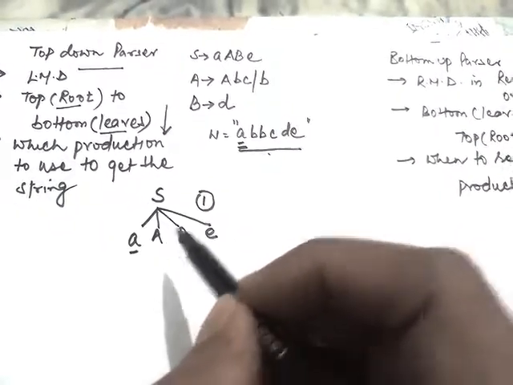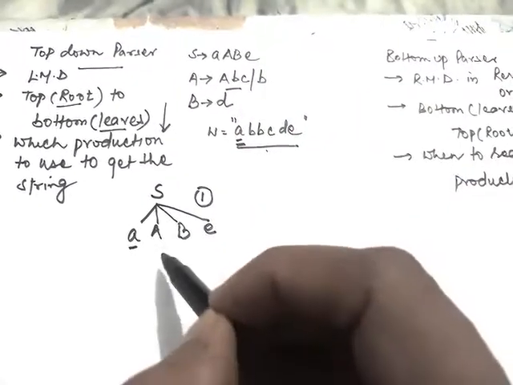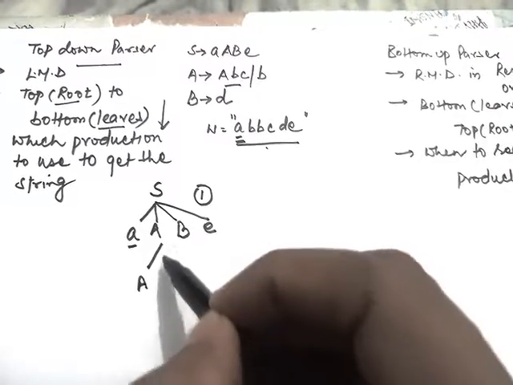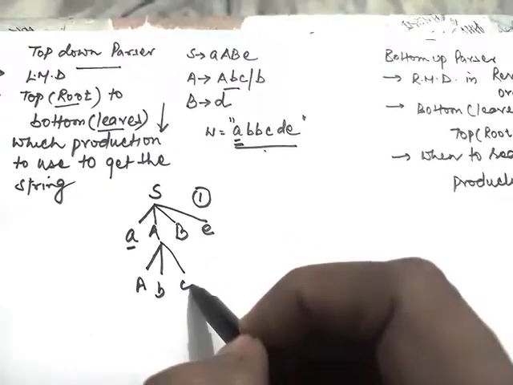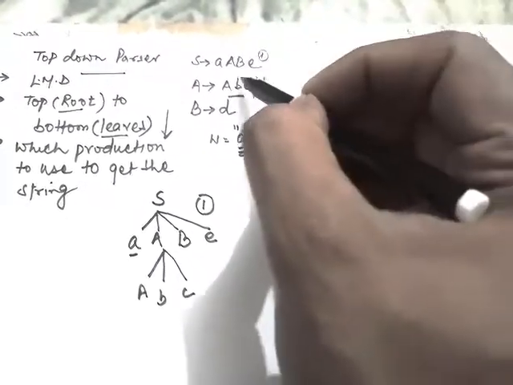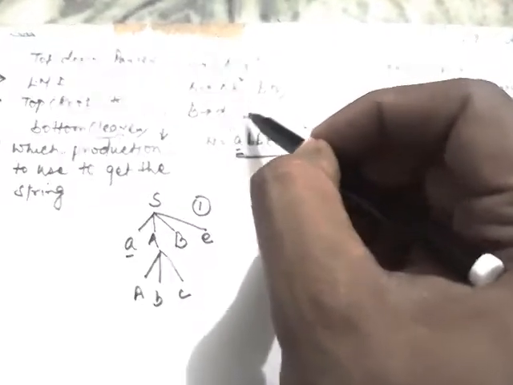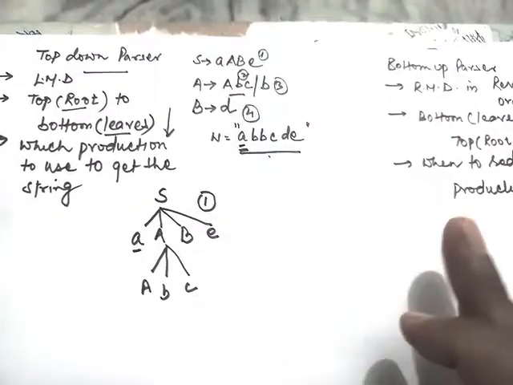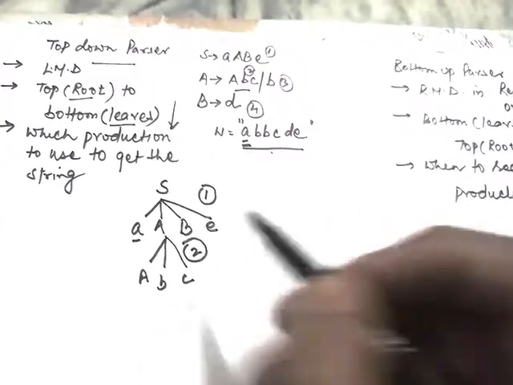So I can use this production, A generate A, B, and C. Okay, I can number them 1, 2, 3, and 4. So I am using production number 2 over here.